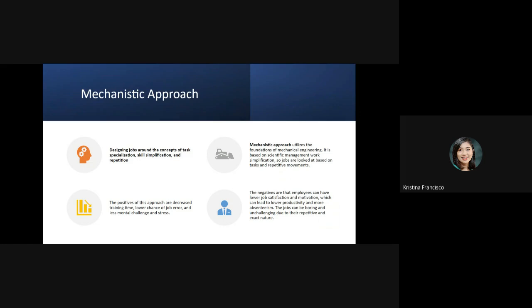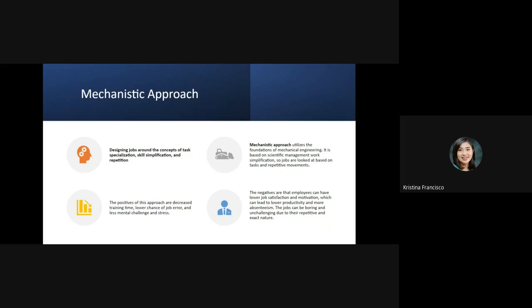With this one, it utilizes the foundation of mechanical engineering. It is based on scientific management work specifications, so jobs are looked at based on tasks and repetitive movements. If you are going to design a mechanistic job, we will try to make the job simple and repetitive so that the workers can get very good and very fast at doing it.